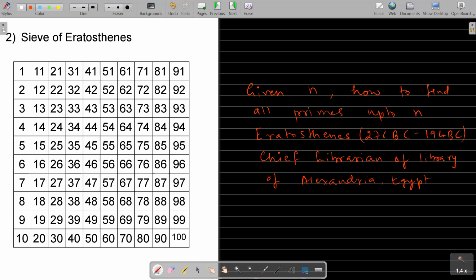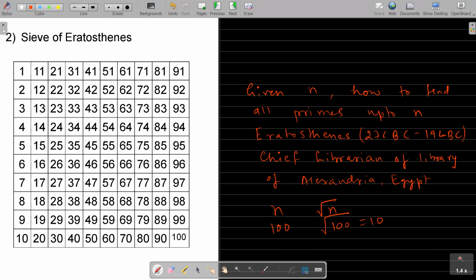So let's try to understand the idea of the sieve of Eratosthenes. Given n, you have to keep cancelling multiples of prime numbers up to root n. So for example, in this case, our n is 100. We are finding primes up to 100, and therefore we have to cancel multiples of numbers up to root of 100, that is 10.